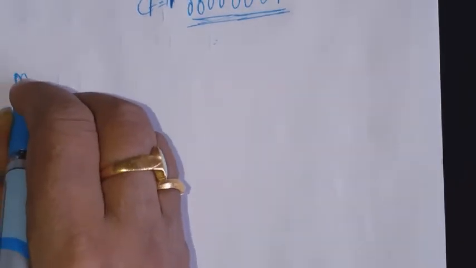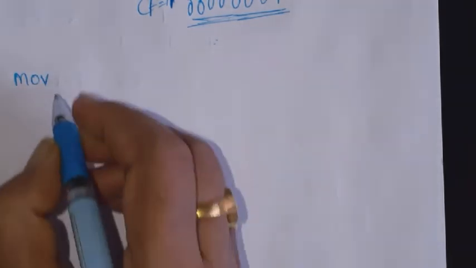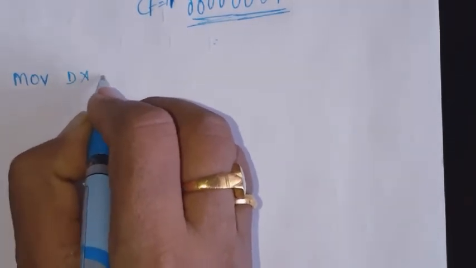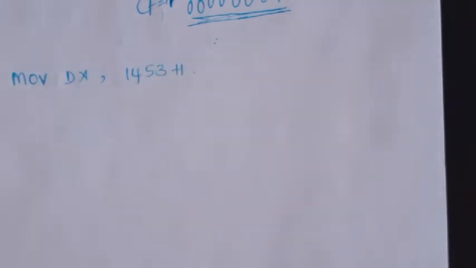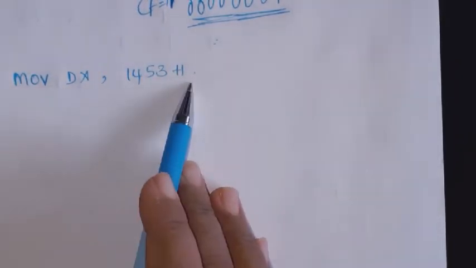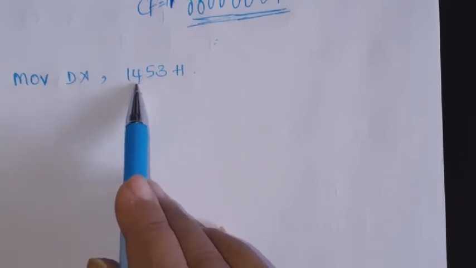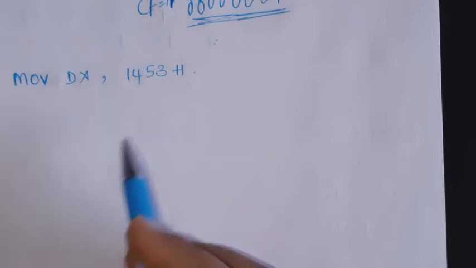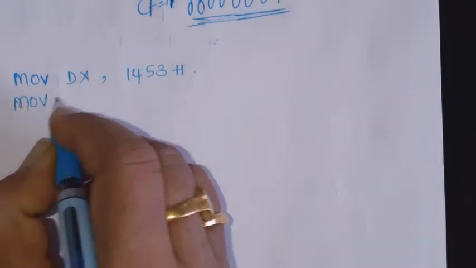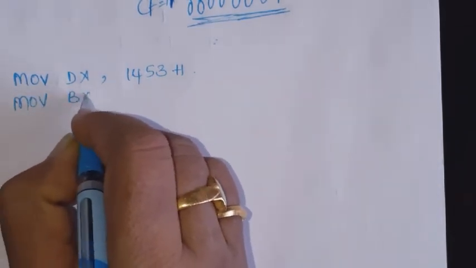So let us suppose we take one number, any decimal number, which is 16-bit. Here 2 packed BCD numbers are taken, 53 and 14. Then take another number which is a word.